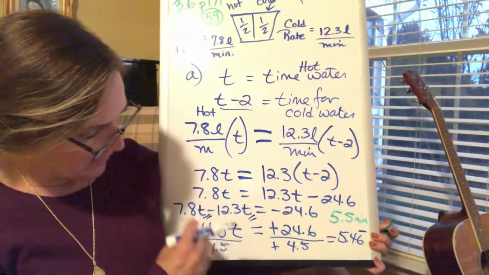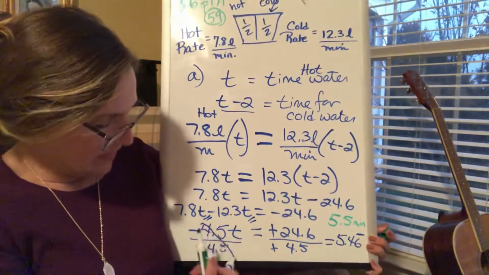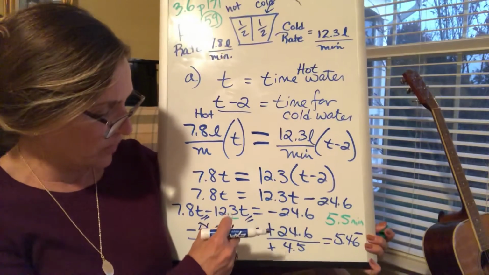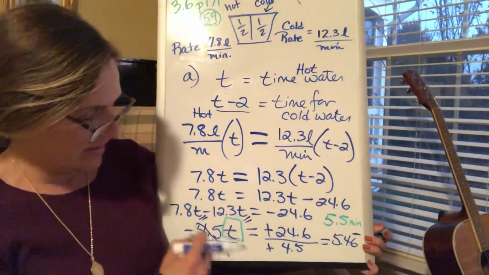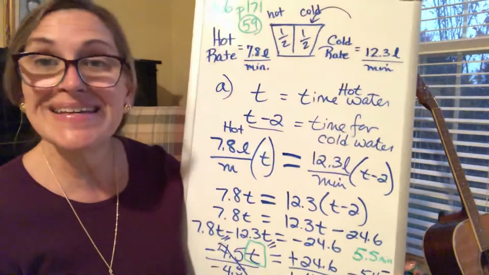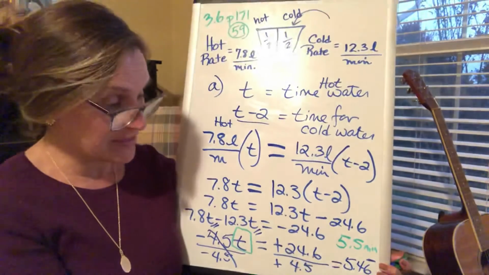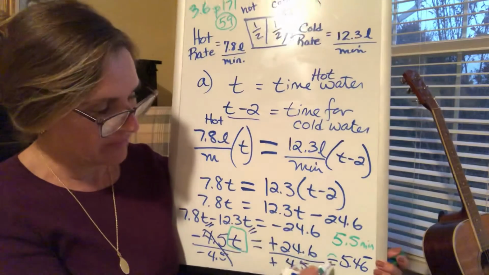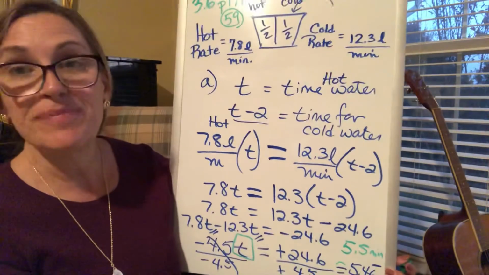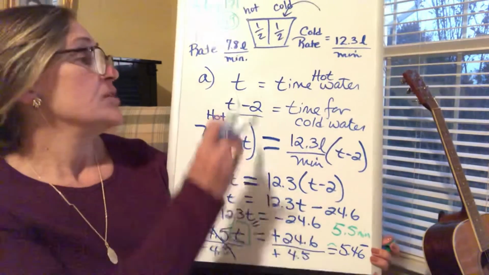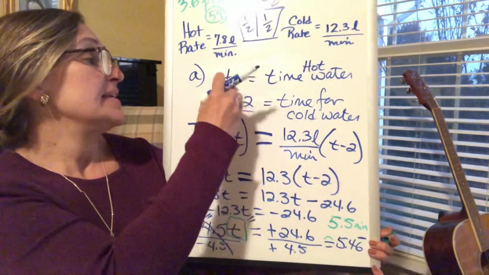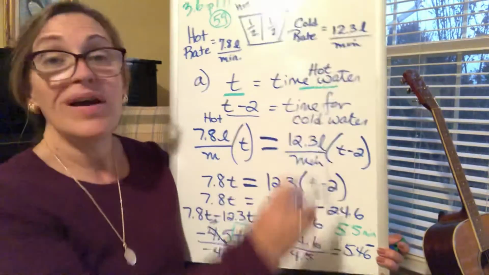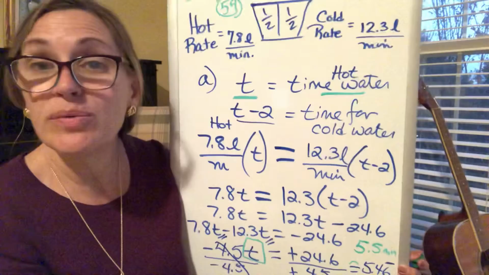Well, we didn't see it quite here, but it is true that these canceled out and you were left with T on this side. So T is equal to approximately, and I should have put an approximate sign there, 5.5 minutes. If that's T, T stands for the hot water. So that's how long the hot water will be running.